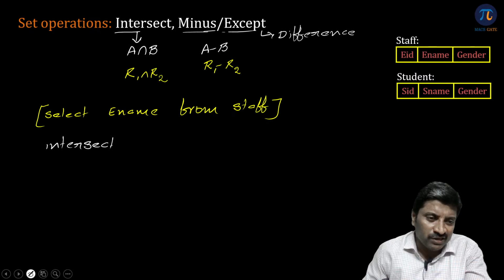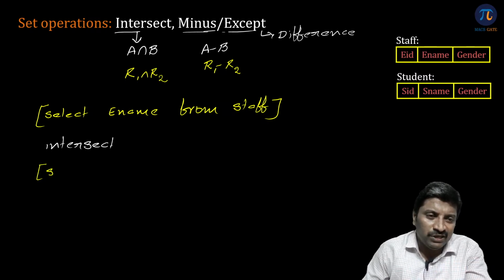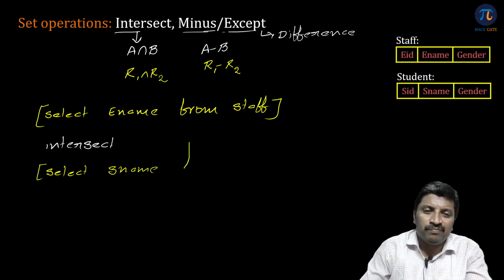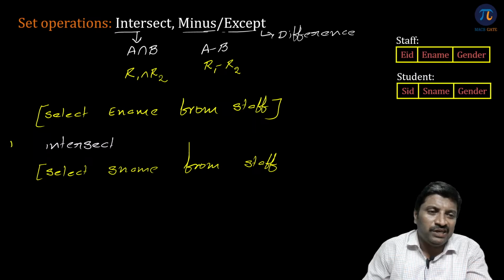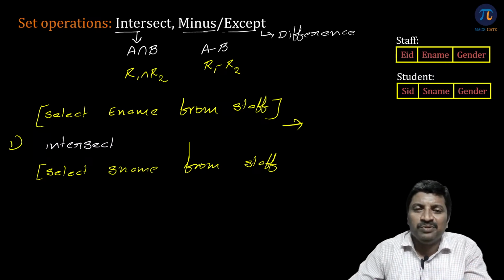The second query is student names: select student name from student. So in this case, common records will be displayed.